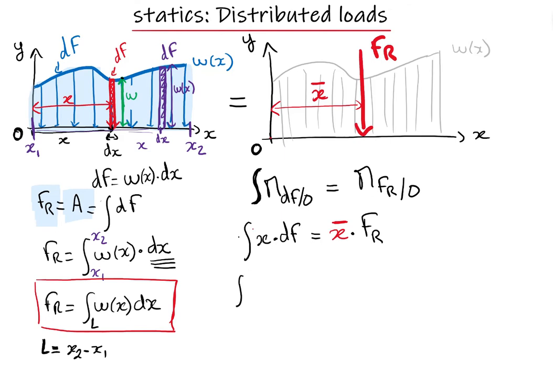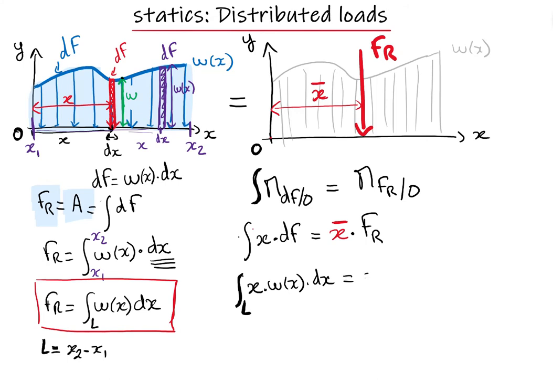The integral of x dF is x w(x) dx. And the integral there, the little element is dx, so it's over L, because x is going from x1 to x2, but it's like saying it is over the length of the distributed load.